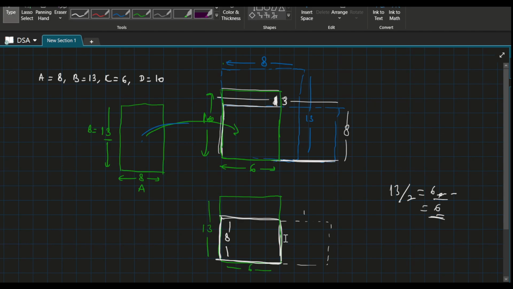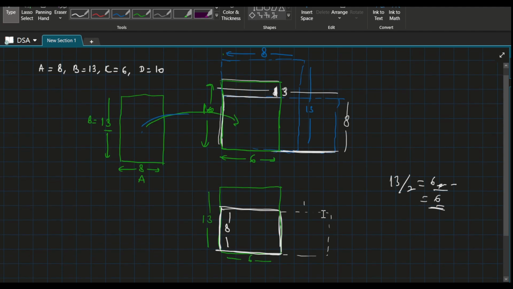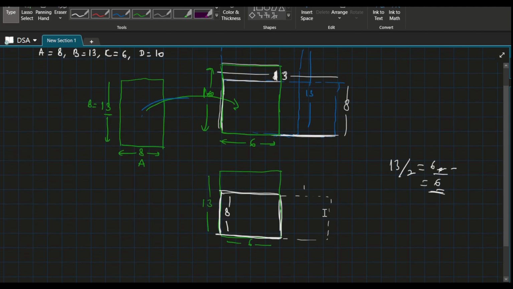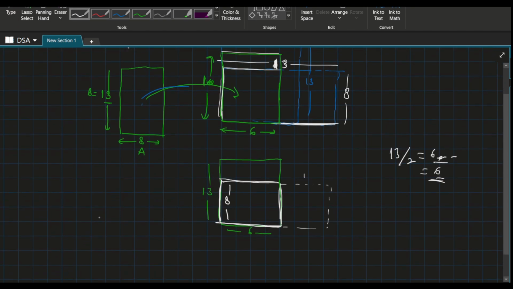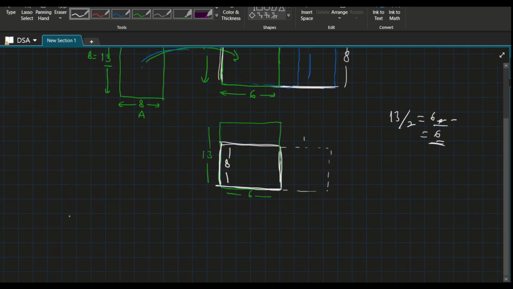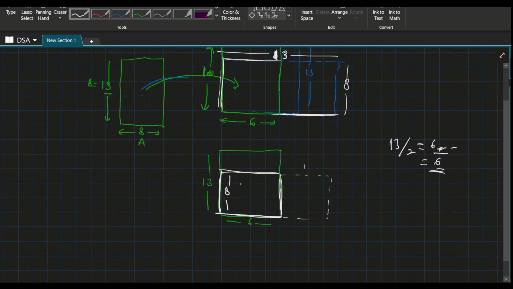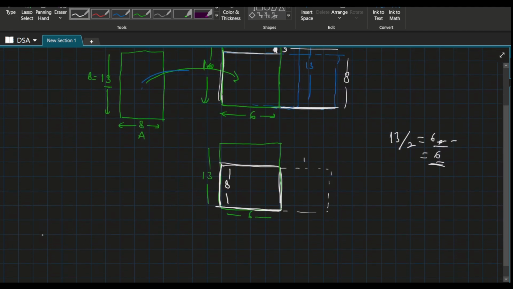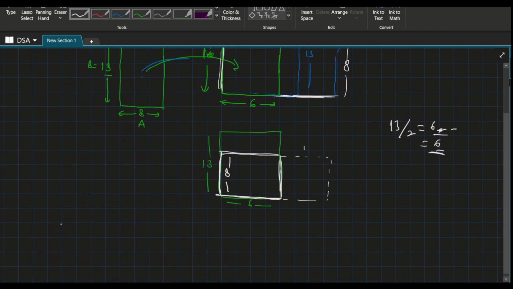But what are the possibilities, and how will we check whether the carpet can be put into the box or not? Let's discuss the number of possibilities. First of all, let's consider the worst case. What can be the worst case to put the carpet into the box? Let's say we are given a box of size only 1 cross 1.